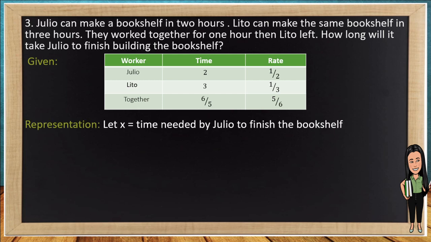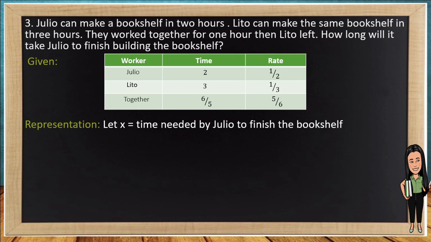Okay? So, if we let x be the time needed by Julio to finish the bookshelf, then the rate will be equal to the remaining amount of task that has to be done all over x, which is the time that is needed by Julio to finish doing the bookshelf. So ngayon, balikan natin yung sinabi ko kanina.